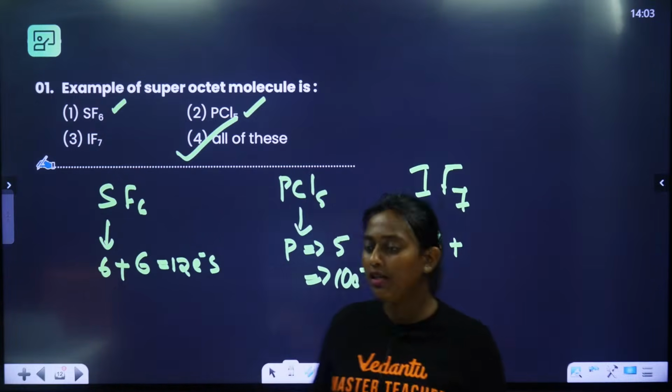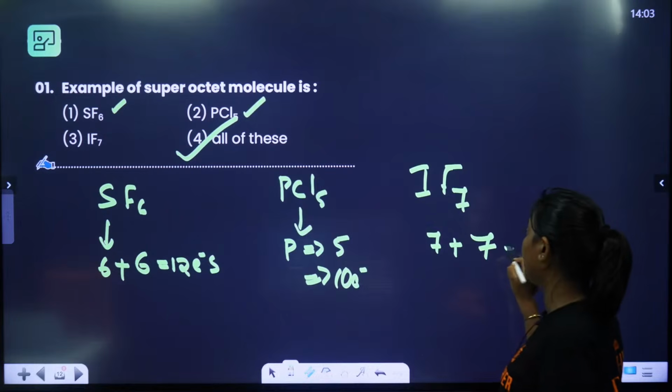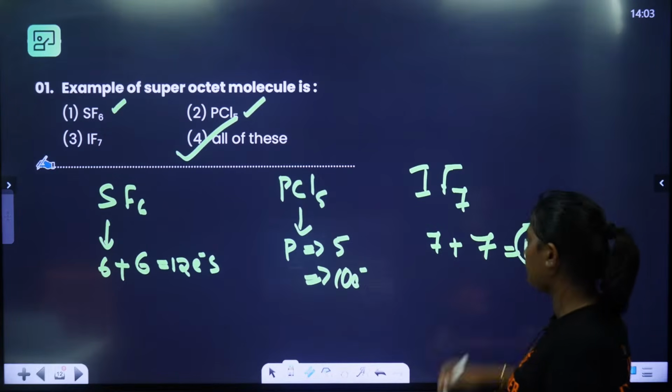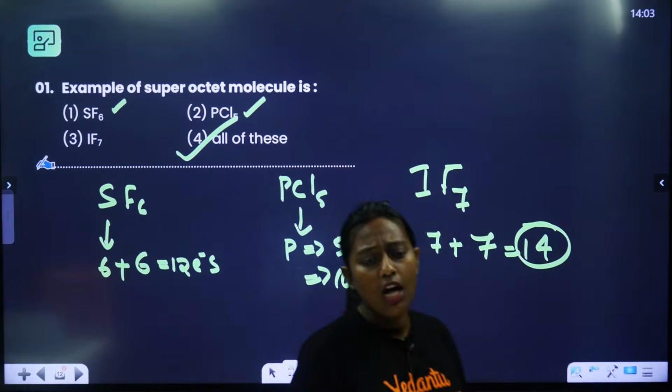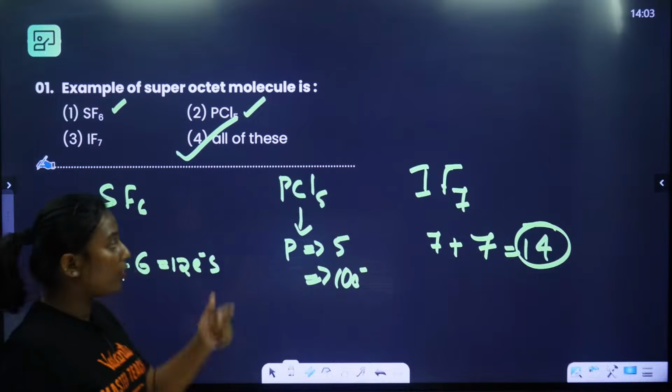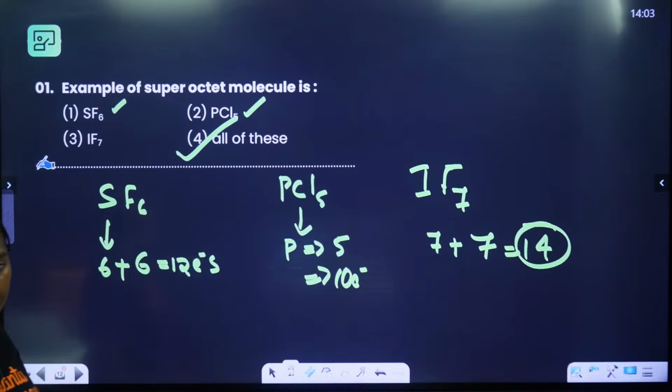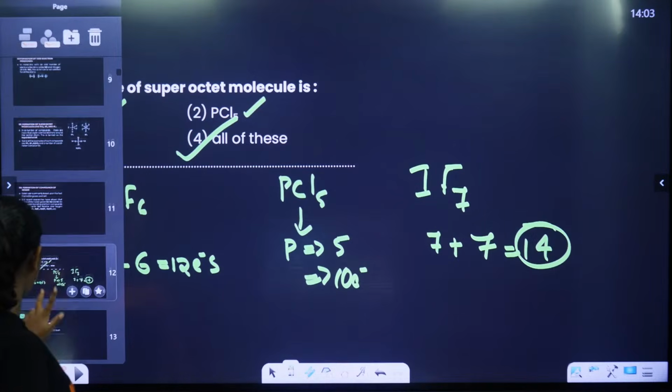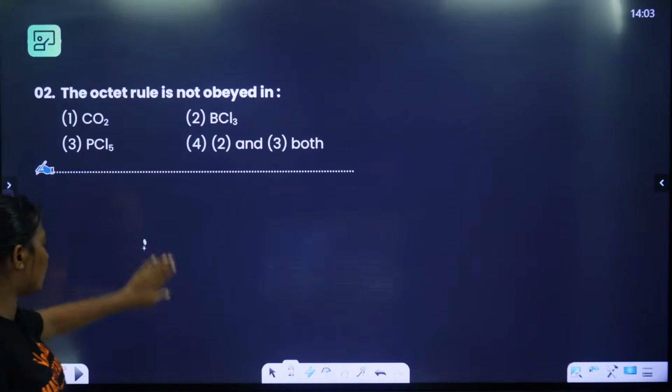So a total of 14 electrons. It's also more than 8 electrons in the outermost shell. So the correct answer is all of these. Then I will give you another question. You can write the answer.